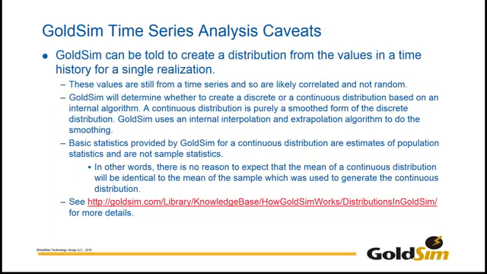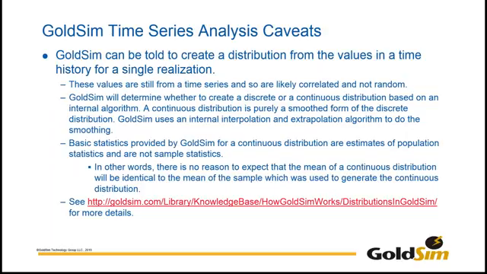Because there's that smoothing process in there, the basic statistics in a distribution result element, like the mean, are actually an estimate of the mean for the population. It's not actually a calculation of the mean for the sample. So there's no reason to expect that the mean in the distribution result is exactly equal to the mean if you took all the simulated values and just did a straight mean calculation on those.